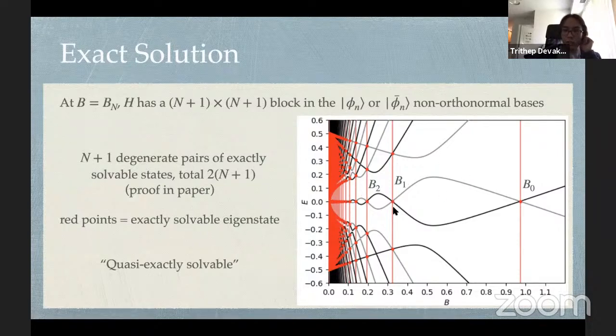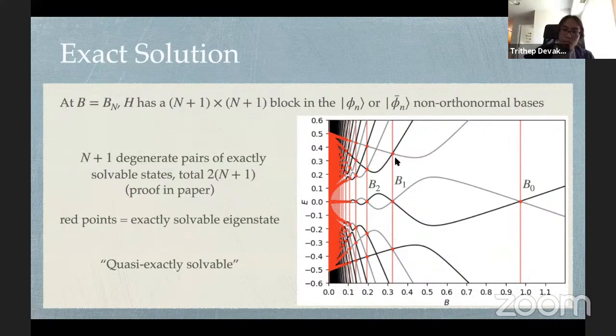So here, this is the full spectrum, and I've marked the red lines of the magic fields, and the red points are the exactly solvable eigenstates. So here, there's the zeroth magic field. There's only these 2 states that you can solve for exactly at E equals 0. But once you go to the next magic field, you again have these 0 energy states. They're always there, but now you have 2 crossings. You have a crossing that occurs at positive energy here, and another crossing that occurs down there.